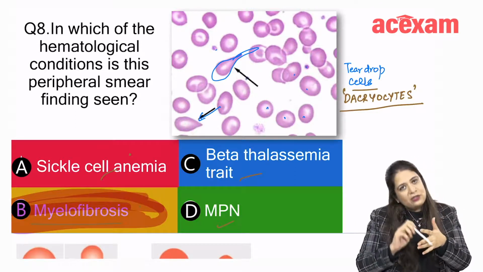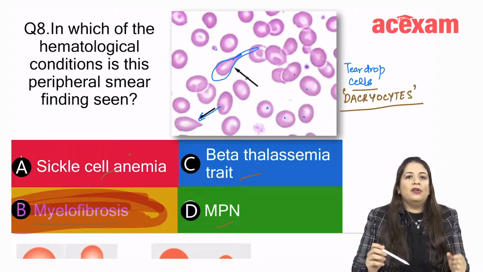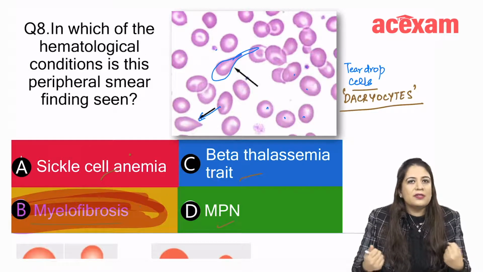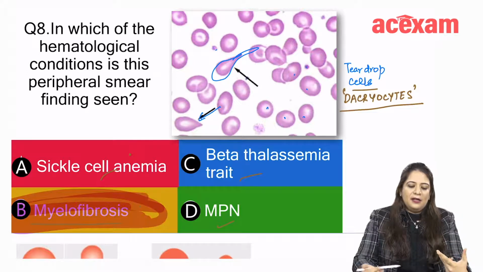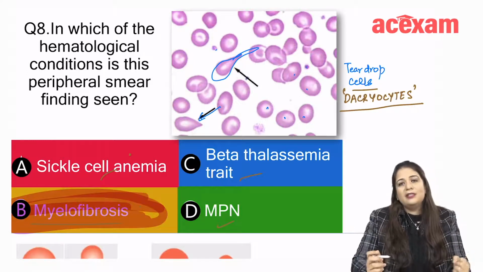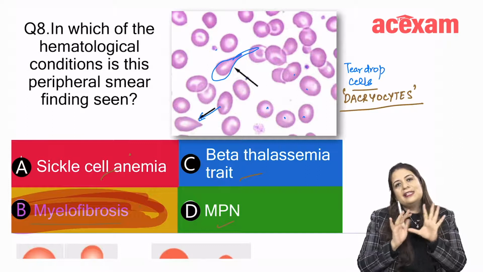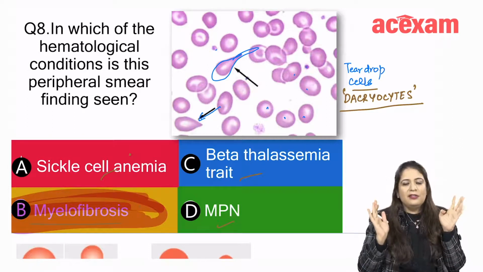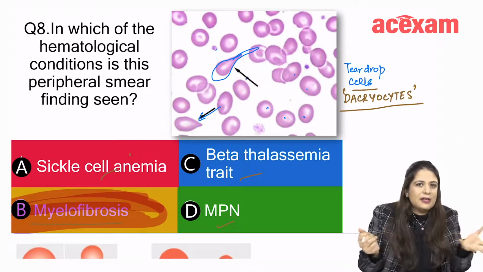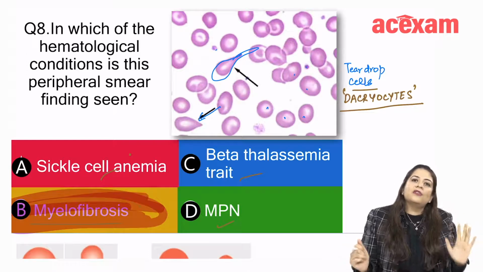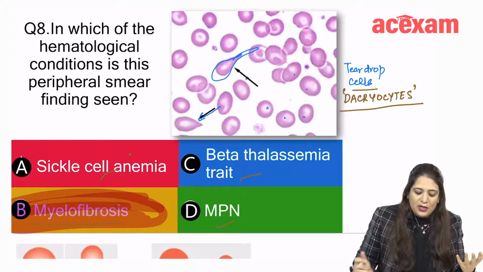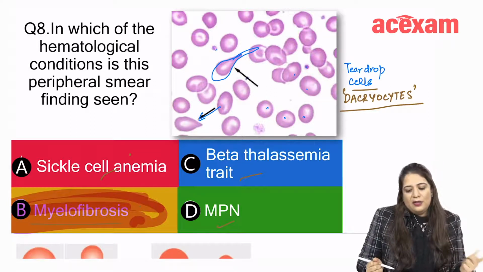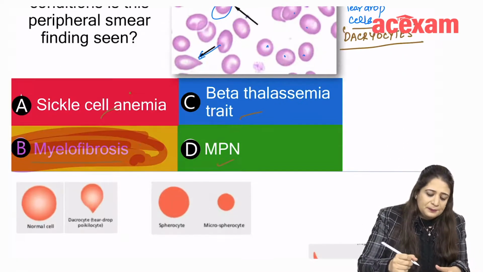And while trying to go out from the bone marrow through this resistance pathway, they tend to get deformed. And when there is so much fibrosis, they look, while coming out, like teardrop cells. So just imagine the RBCs trying to squeeze out from the narrow spaces, because of which it results in deformation of their shape. So myelofibrosis is the reason for teardrop cells.